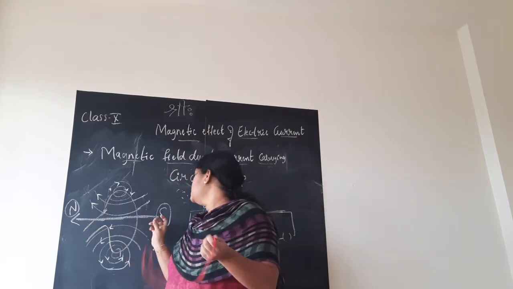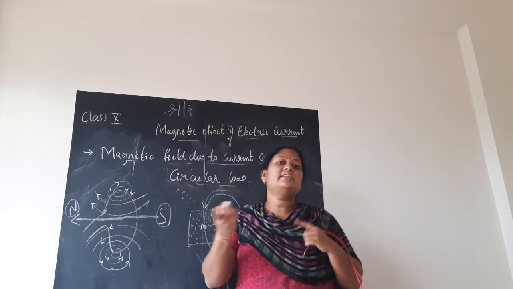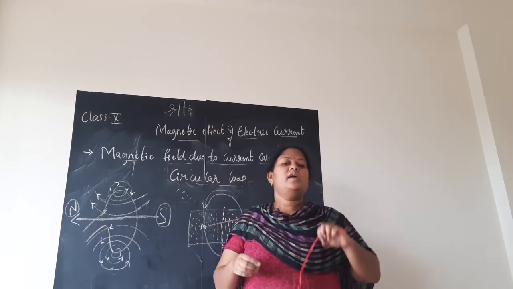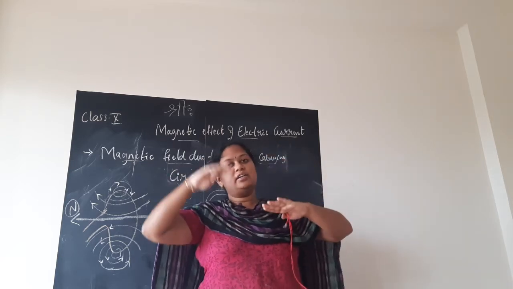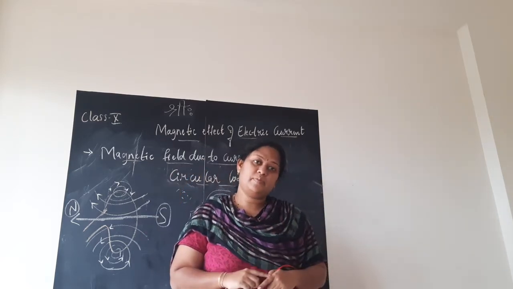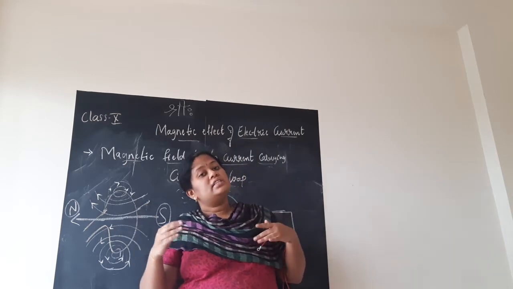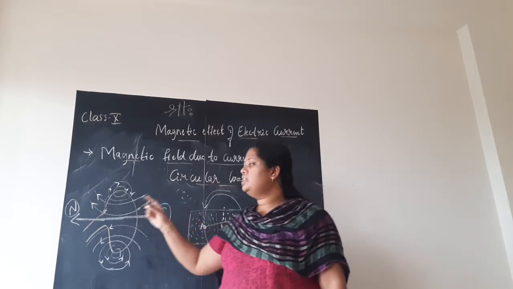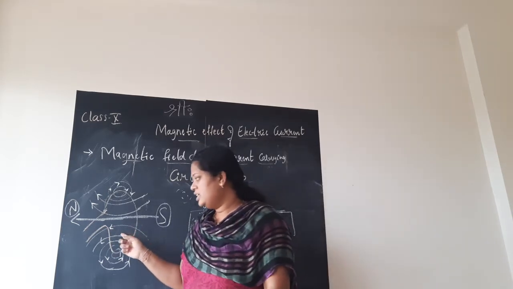So, as the distance increases, the deflection or the magnetic field decreases. Hence, I said the word inversely proportional. If the current increases, deflection also increases. Current decreases, deflection decreases. That is directly proportional. Whereas in terms of distance, it is inversely proportional. As you increase the distance, the magnetic field strength also goes on decreasing.